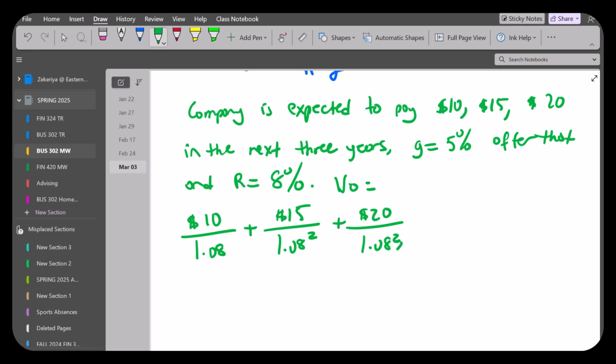Now I need to get V3. D4 is going to be $20 times 1.05. That would be 21, right?